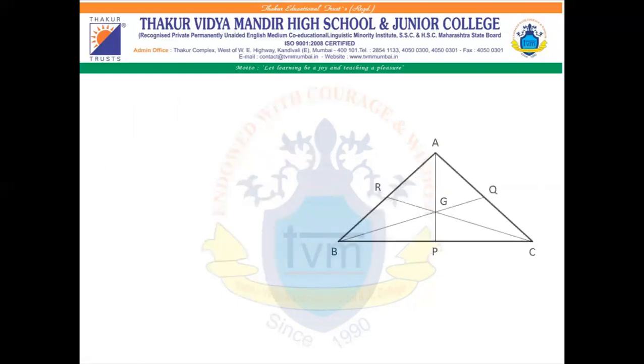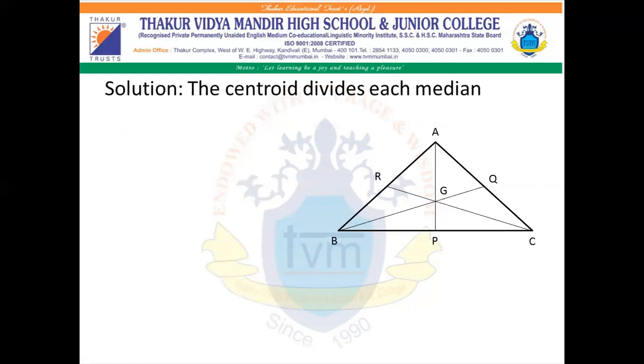Please look at the figure. Here, segment BQ is a median, segment CR is a median, and segment AP is a median, and G is the centroid. The centroid divides each median in the ratio 2:1.